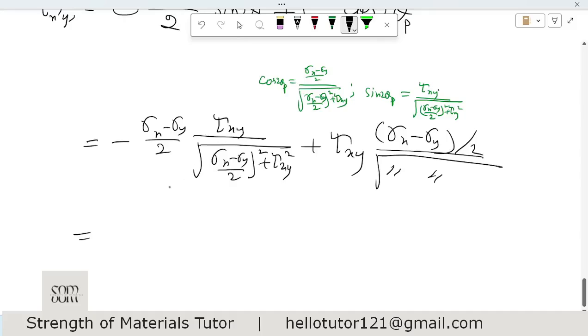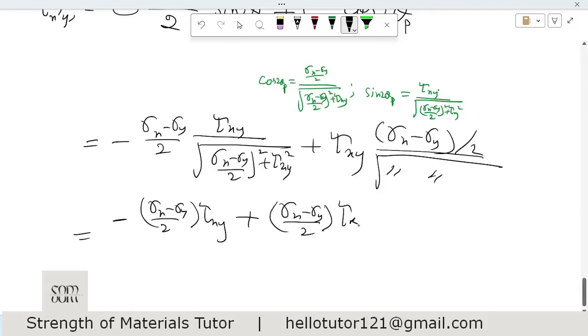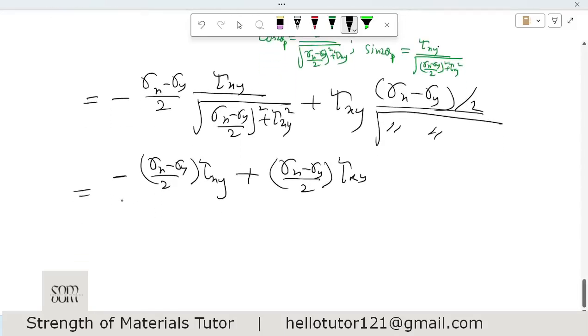Now it is tau xy times this. So it is minus (sigma x minus sigma y) divided by 2 times tau xy, plus again (sigma x minus sigma y) by 2 times tau xy, and this square root thing will be common.